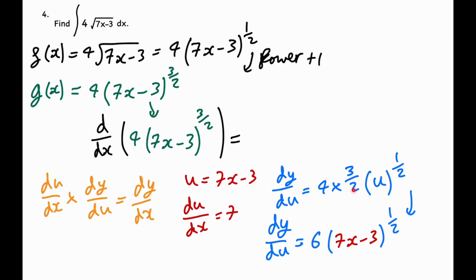If we multiply this out and substitute our value for u, 4 times 3 over 2 gives us 6, and if we substitute our old u, which we said was 7x minus 3, we'll get our dy over du. So now we have du over dx and dy over du, we can find dy over dx. If we multiply these together, we'll do 7 times 6 times (7x minus 3) to the power of a half, which is square root basically. So we get 7 times 6 times (7x minus 3) to the power of a half.